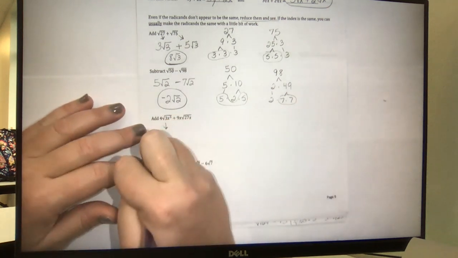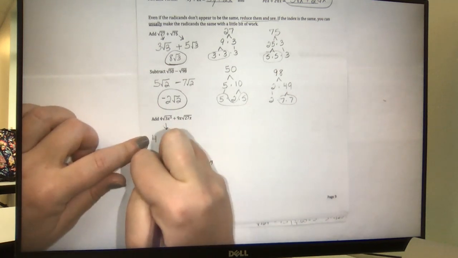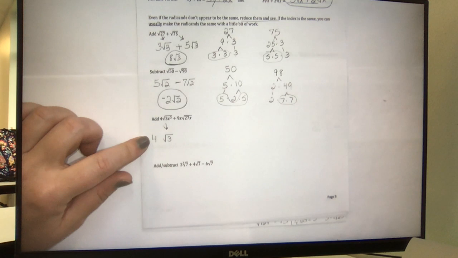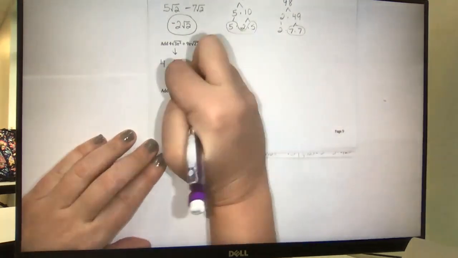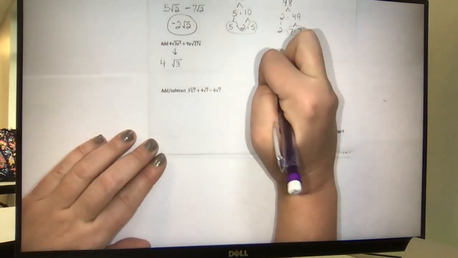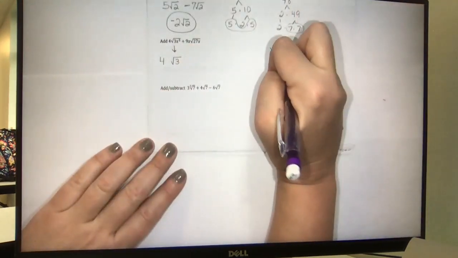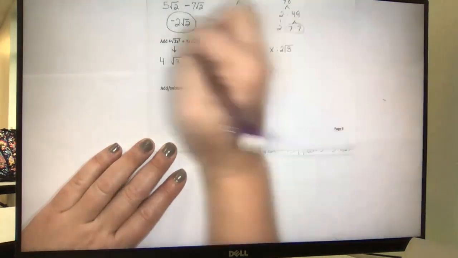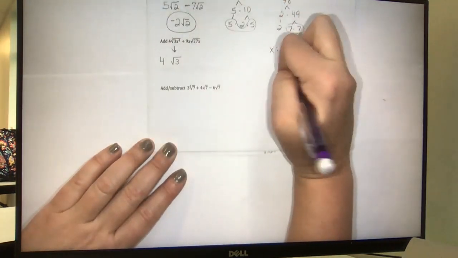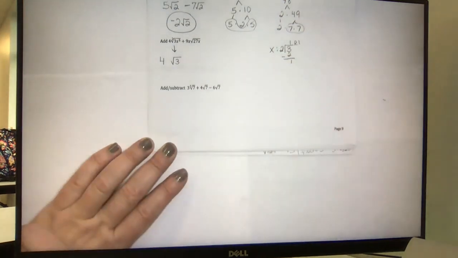Here's what I'm going to do. I know I have a 4 hanging around out front. I know I have a square root of 3 that's going to stay under. Now I need to do something with those x's. So I have an exponent of 3 and an index of 2. 2 goes into 3 once with a remainder of 1.